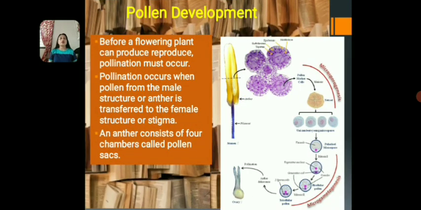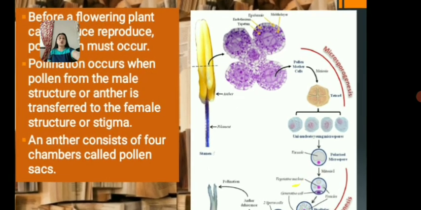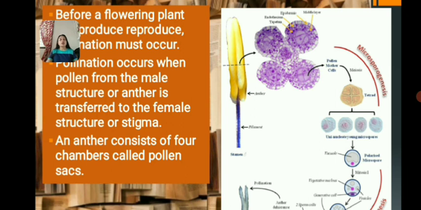Before a flowering plant can reproduce, pollination must occur. Pollination occurs when pollen from the male structure, the anther, is transferred to the female structure, the stigma. The cells inside the anther are called microspore mother cells. To become haploid spores, they undergo meiosis, and inside the anther it builds microspores.